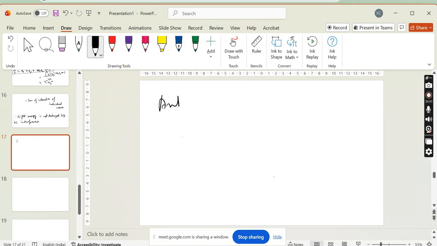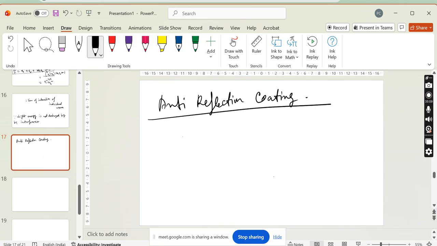So we will discuss anti-reflection coating now. Basically, this is glass.